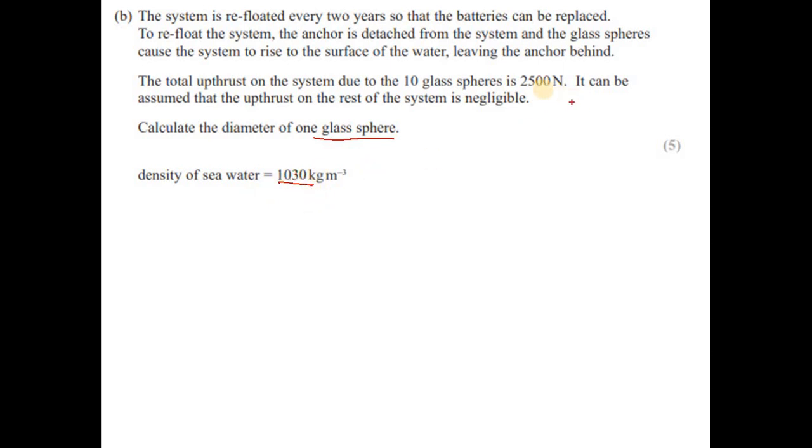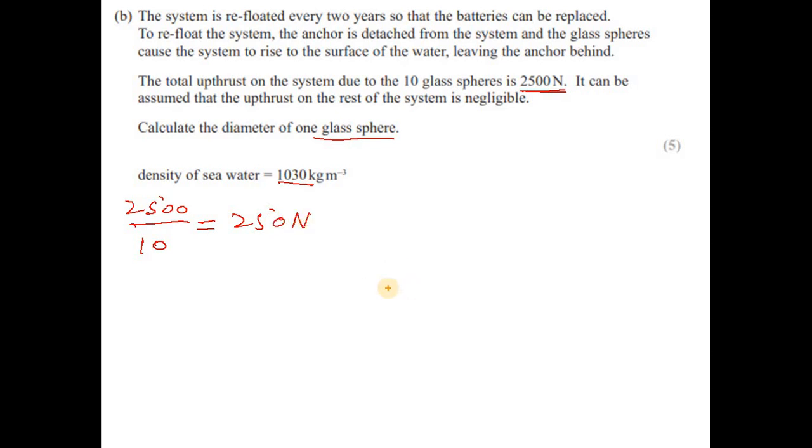Okay, so this is the total upthrust due to 10 glass spheres, and if you divide this upthrust by 10, that means 2500 divided by 10, it will give you upthrust due to 1 glass sphere, that means 250 Newton.